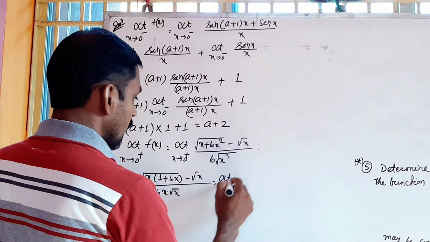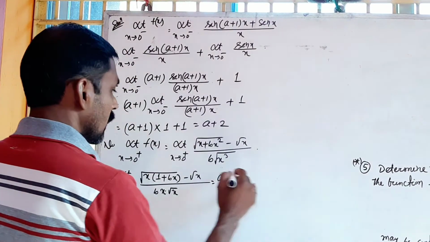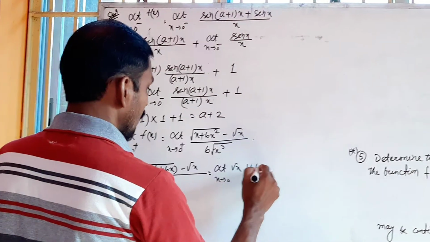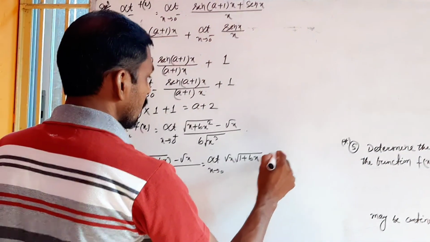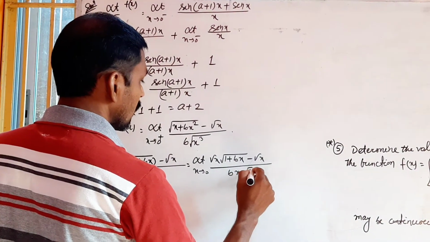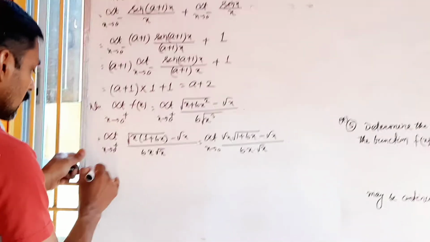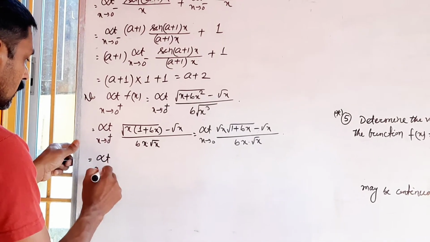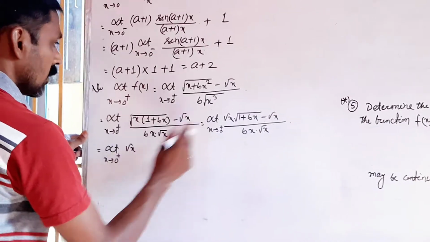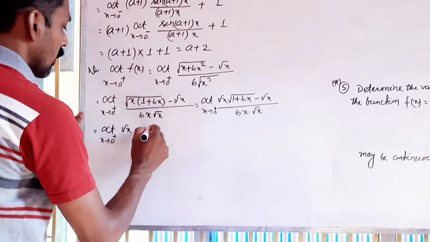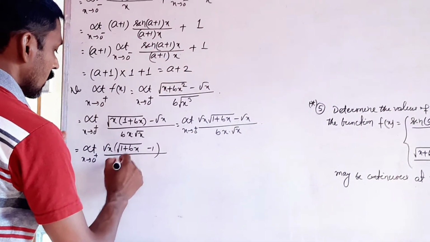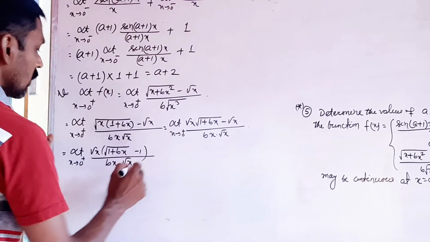Now this is limit x tends to 0. Now it is root x. If you take x outside, it will become root of 1 plus bx minus root x by bx into root x. So limit x tends to 0 plus, take root x common, so it is root of 1 plus bx minus 1 by bx into root x.